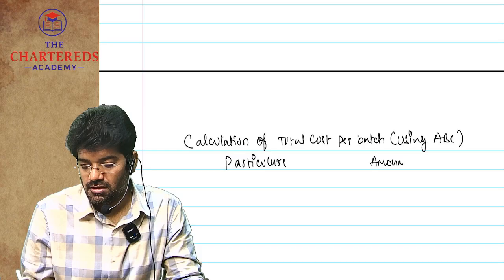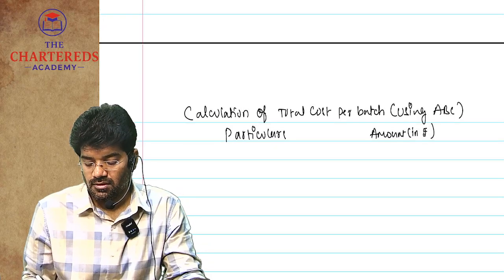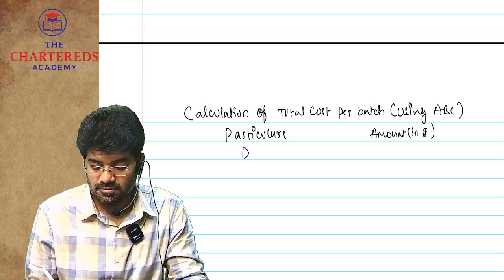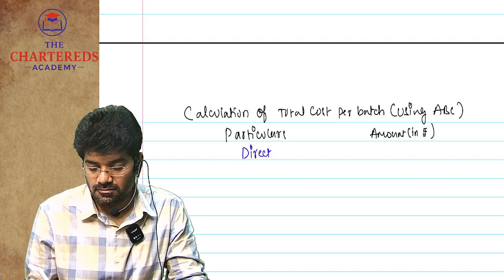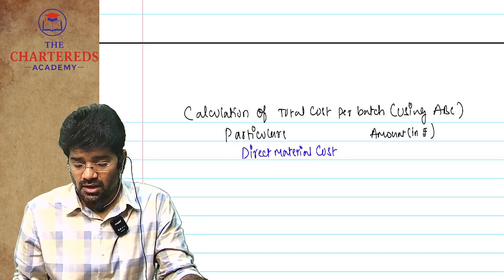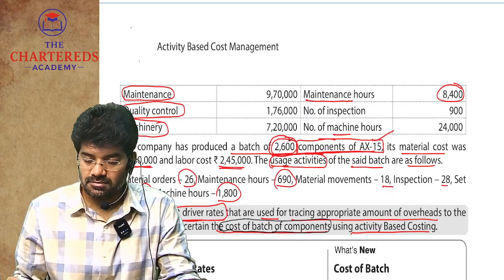Particulars, amount in rupees. First, material cost, one lakh 30,000.